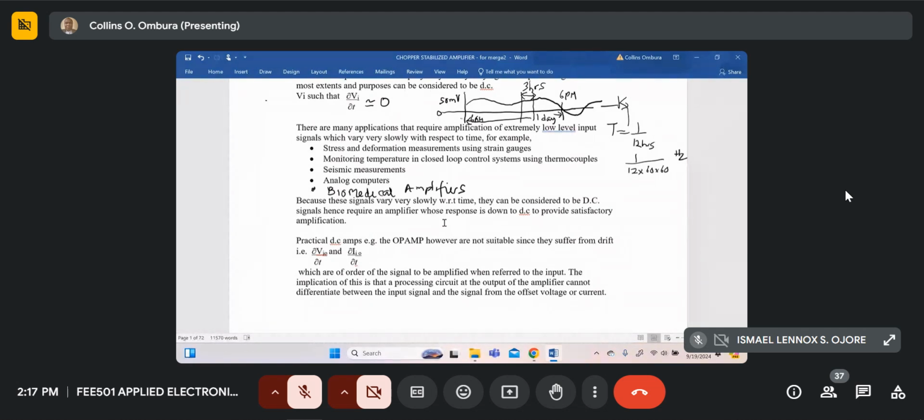In the last class, I talked about the various types of noise generated inside this type of amplifier. The resistors themselves generate noise, the resistors used to bias and couple the transistors inside the amplifier.